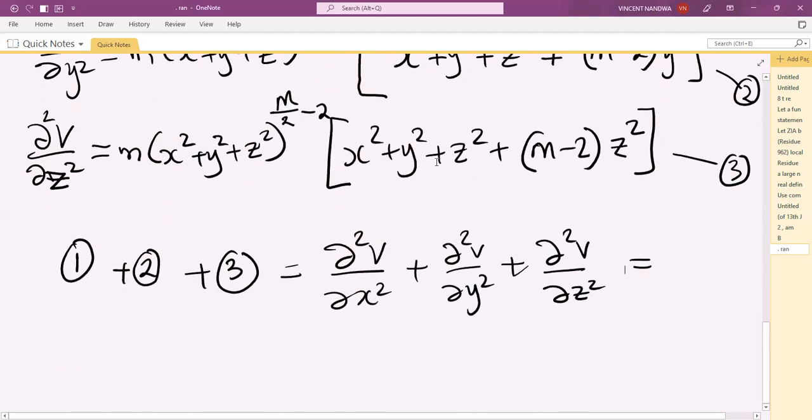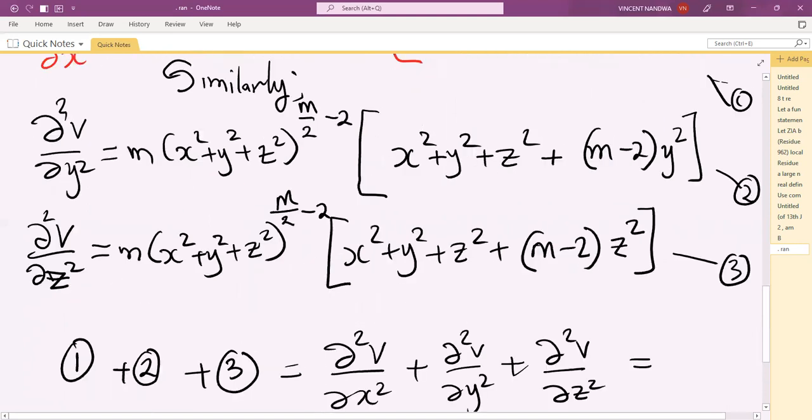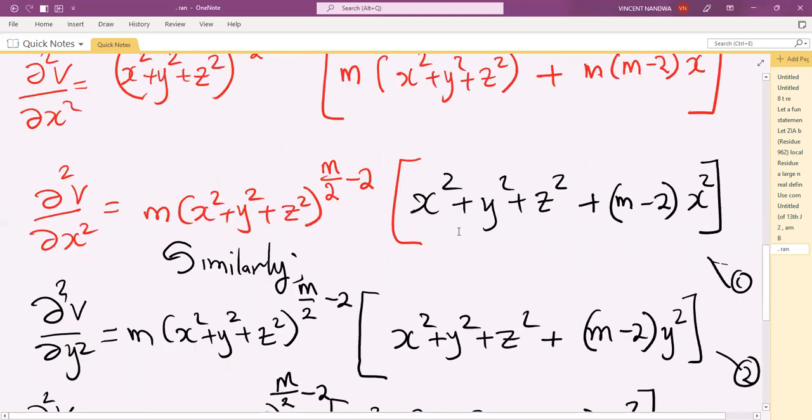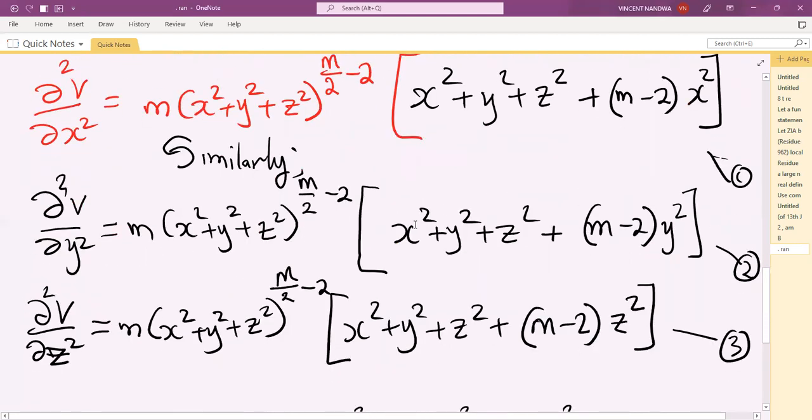So I factor it out: m into (x² + y² + z²)^(m/2 − 2) into brackets. Now I have x² + y² + z² in each, so this is common.